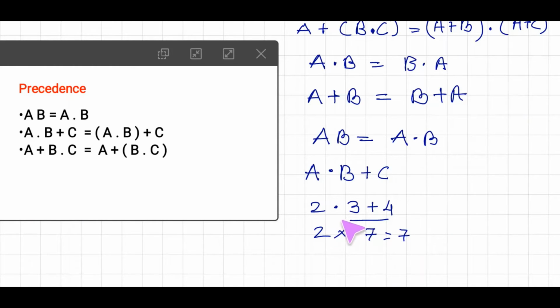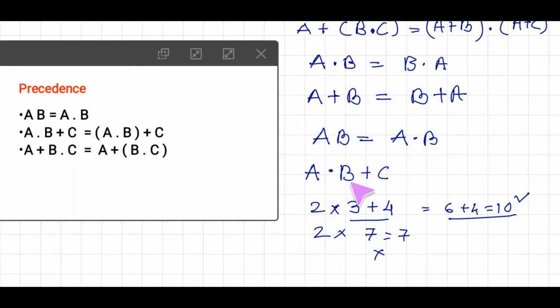But we know that multiplication has precedence over addition. That means in solving this expression, wherever the multiplication comes first, that must be solved first. So 2 into 3 is 6, plus 4, so the result is 10. This answer is the correct one, and the other is the wrong one. That is called precedence.